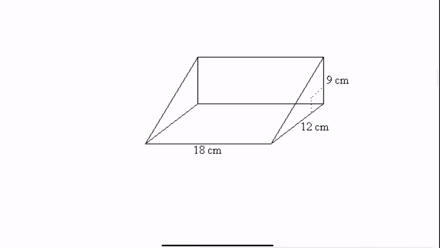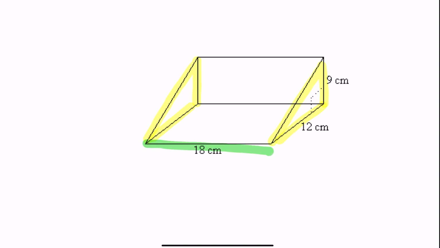So, this is indeed a prism because it has two faces that are parallel, congruent to each other. And those two faces, we call them the bases of our prism. The bases of a prism are separated by the height here.